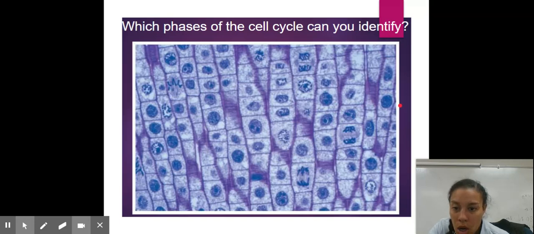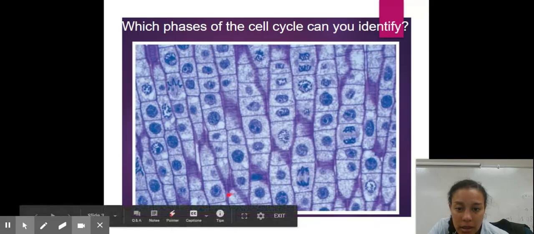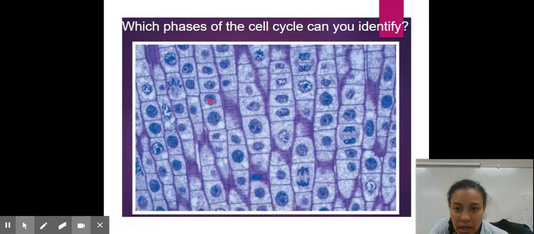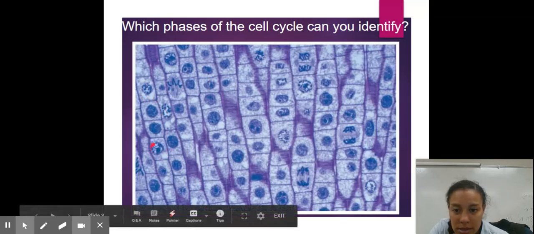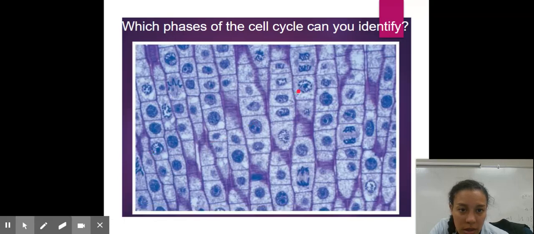Here are some more. Again, you can pause and look for some, but the majority here are going to be all interphase, where it's the cell doing its normal thing. Then it starts to organize itself into prophase, right? We start to see some organization of prophase here and here.